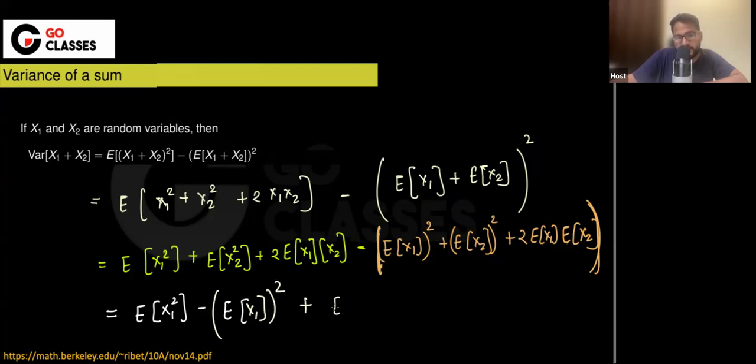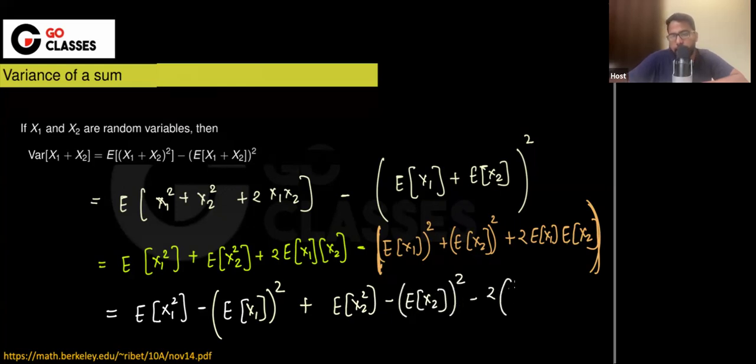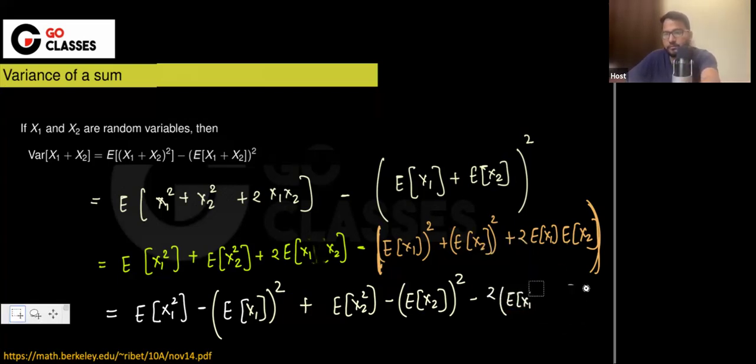Similarly, plus expectation of x2 square minus expectation of x2 whole square, minus 2 into expectation of x1 x2 minus expectation of x1 into expectation of x2. Okay, I hope you can do it from here.